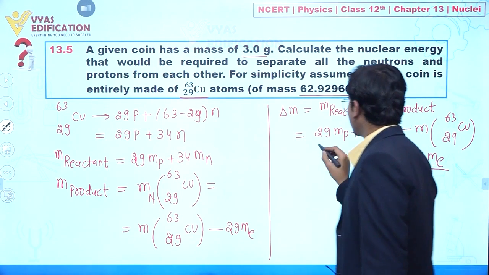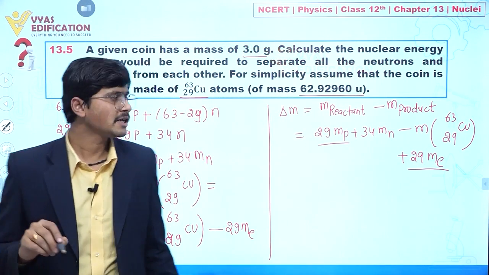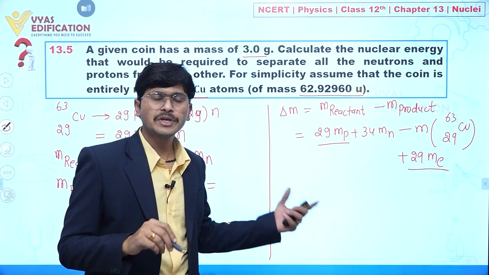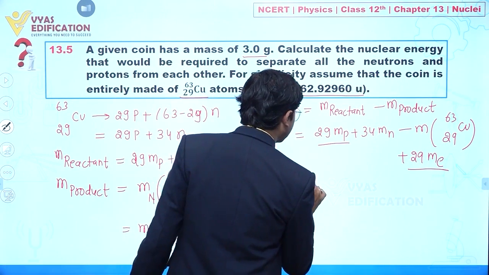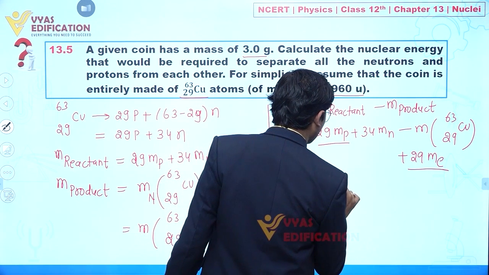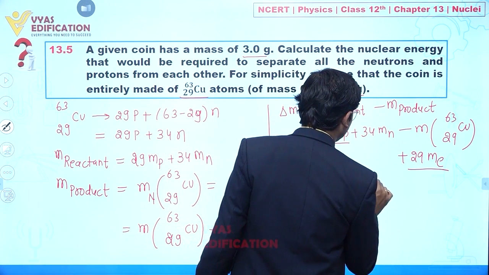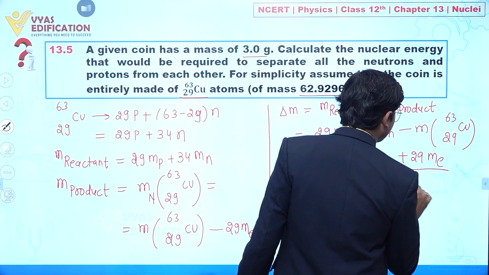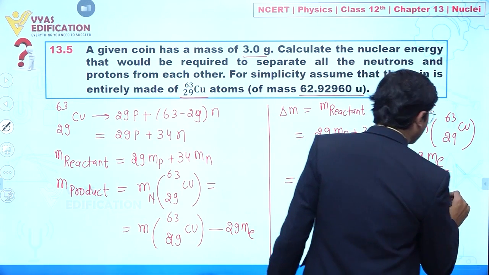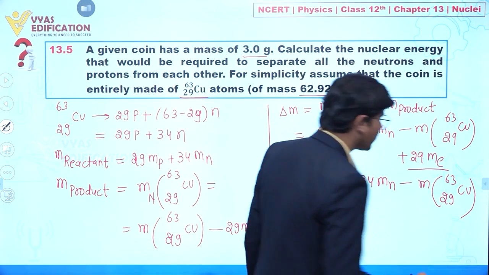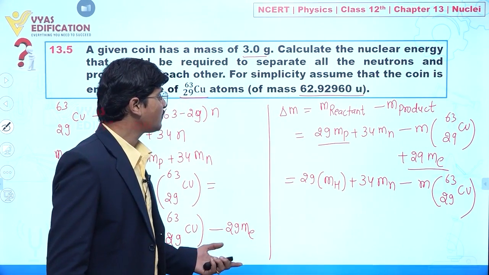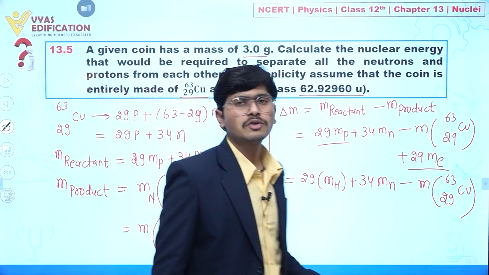Now if you add the mass of proton plus the mass of electron, this is about the mass of hydrogen. So now we can write: 29 Mh plus 34 Mn minus M is equal to the mass defect of copper 63. Clear.